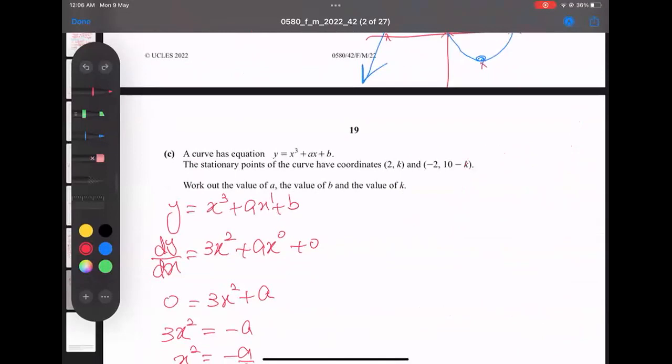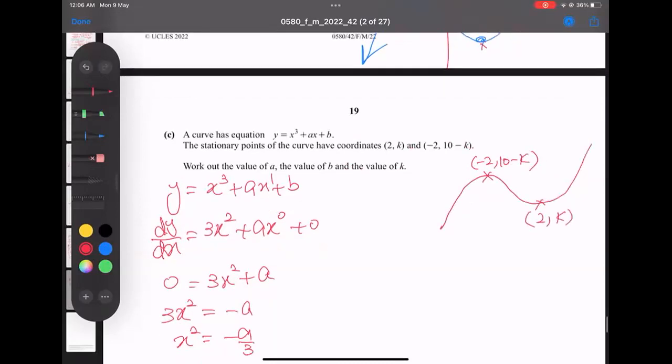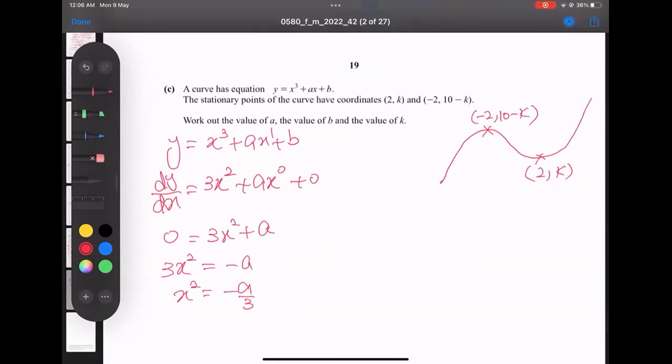Okay, I make it again. This. Wait a minute. This is a point, this is (-2, 10 - k). And what about this point? 2k. Okay. Now I can say it. What is this one? This is called x and y.